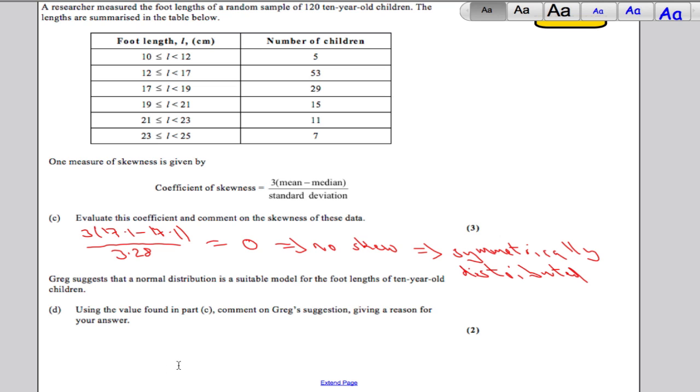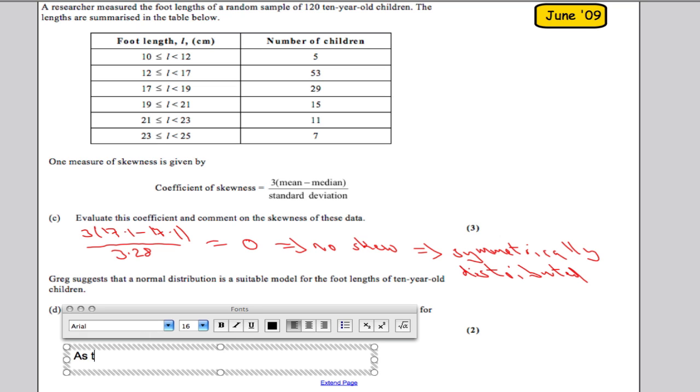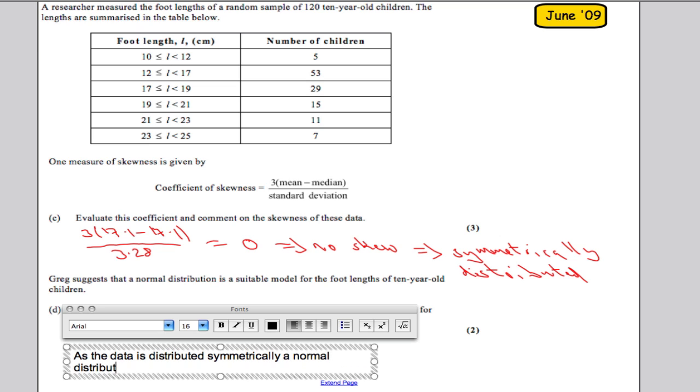So as the data is distributed symmetrically, normal distribution can be used as a suitable model.